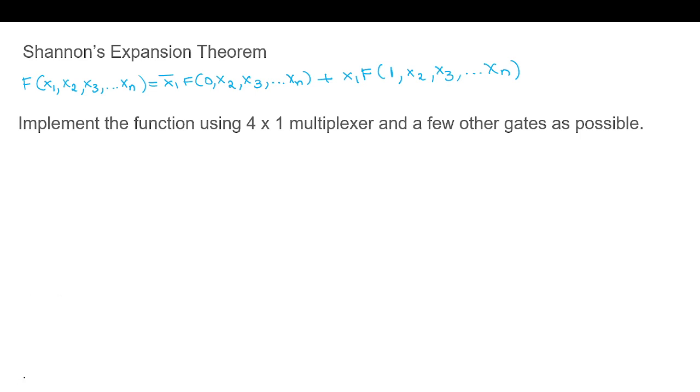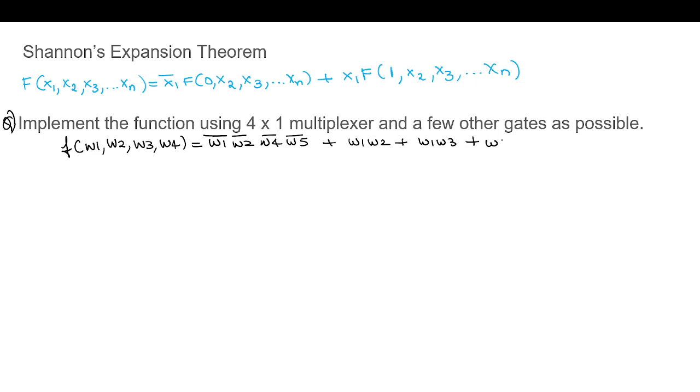Now we are asked the question: implement the function using a 4 to 1 multiplexer and as few other gates as possible. If the function given to us is a function of W1, W2, W3, W4 equivalent to this expression, how do we implement this using the multiplexer?